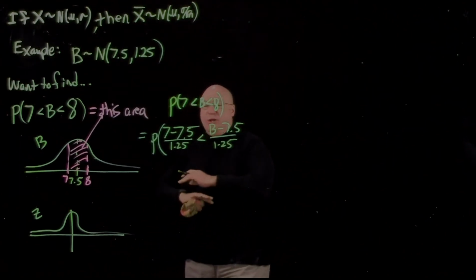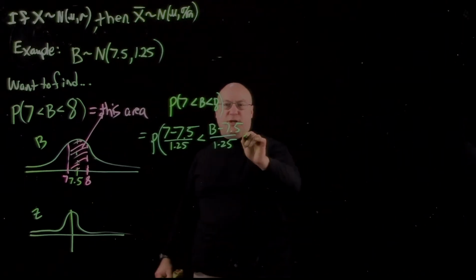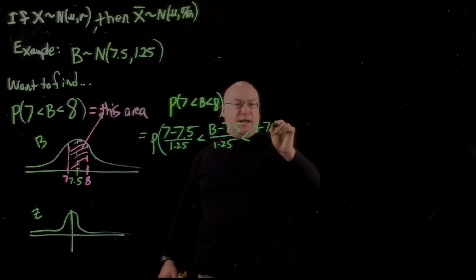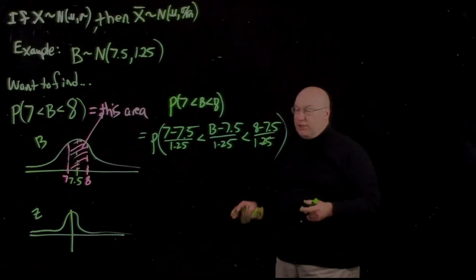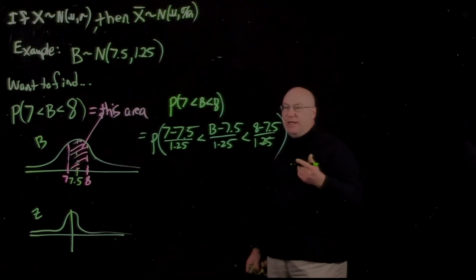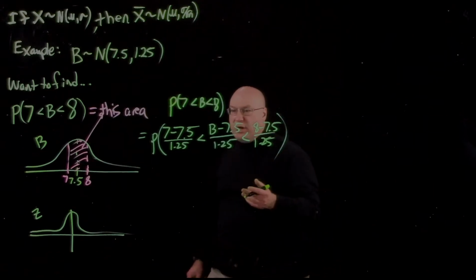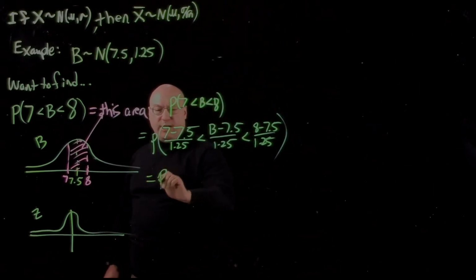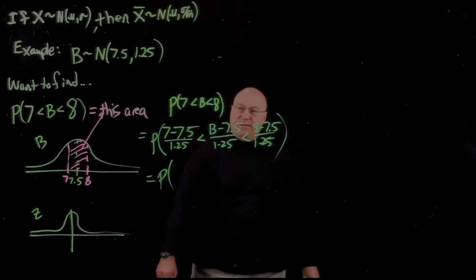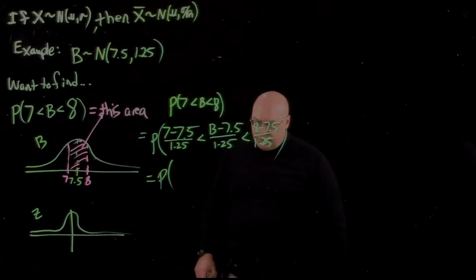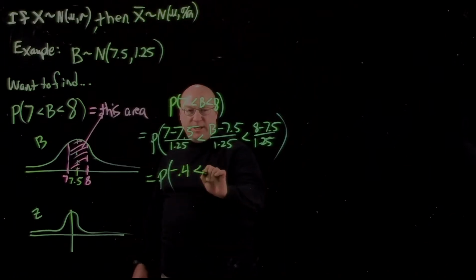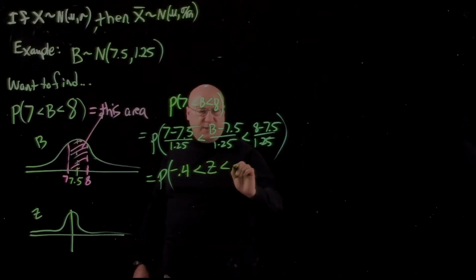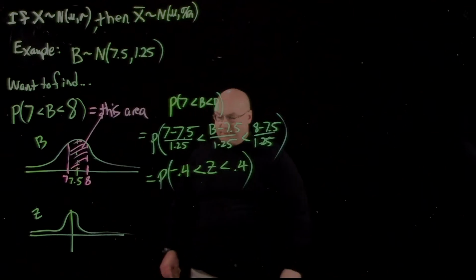less than 8 minus the mean divided by the standard deviation. This is old hat. You should have this already done. You should have paused me and done this. It goes without saying, I believe, that you should just know to pause me and work the problem. So we end up with the probability that this is a negative half over 1.25, which ends up being negative 0.4, less than z, less than positive 0.4, correct?